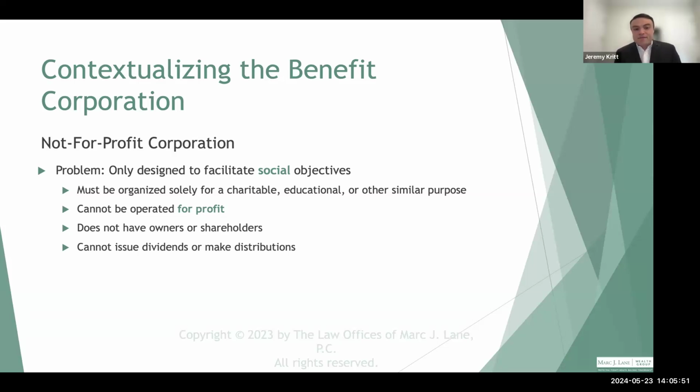But the problem with a not-for-profit corporation is it's only designed to facilitate social objectives. A nonprofit must be organized solely for charitable, educational, or other similar purposes. As the name implies, it cannot be operated for profit, and it does not have owners or shareholders, and thus it can't issue dividends or make distributions. The economic potential of a not-for-profit is limited.